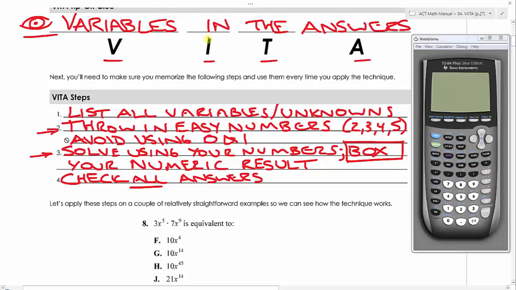So I am going to go ahead and highlight the main parts of these guys. So step 1 was list, step 2 was where you were actually throwing in, step 3 was solving and boxing, and then step 4 was checking all of the answers. And we'll talk about why we have to check all of the answers in a moment.